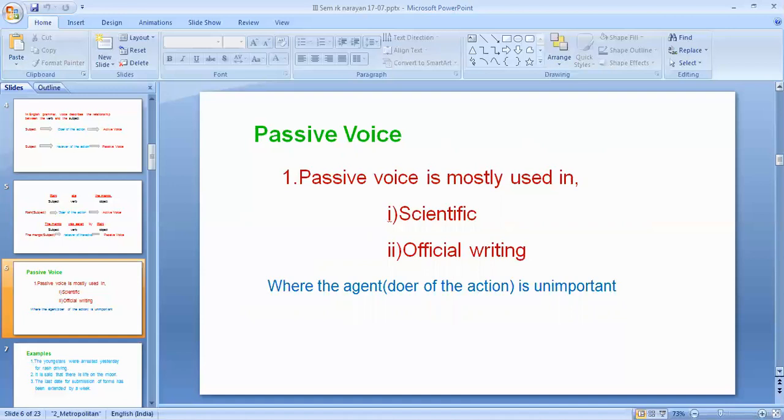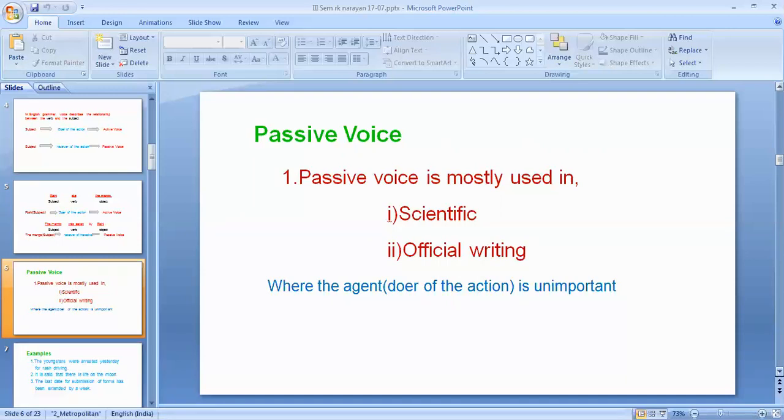But sometimes the result, what happened in the experiments, what the outcome is, these things are very important. So scientists in their experiments tend to use more passive voice than active voice because the object, the outcome, is important.